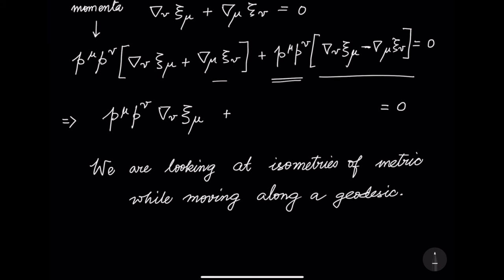I add to it xi mu p nu grad nu p mu. Let's see what it is. Well, this is the geodesic. That is supposed to be equal to 0, so I have just added 0.